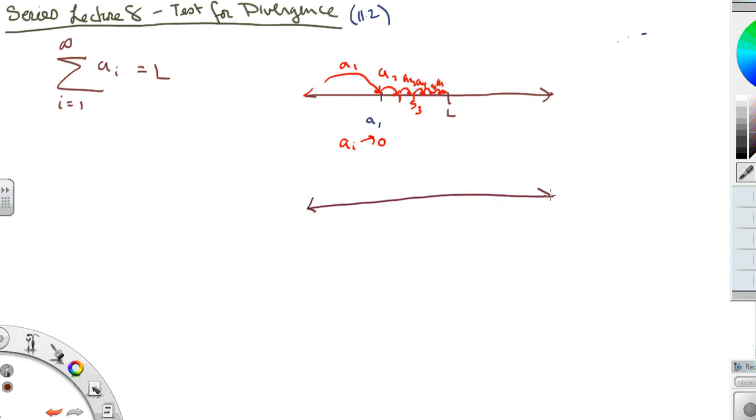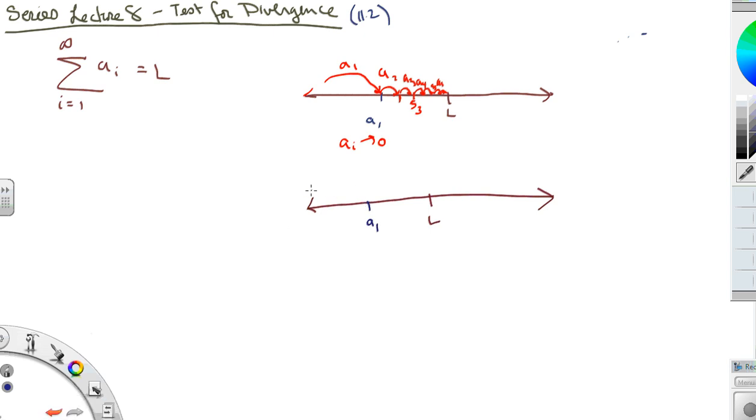negative. So let's look at a slightly different situation. So we've got A1. Let's make that over here. So we've got A1 here, and I don't know where 0 is. Let's say 0 is down here, so A1 was positive.